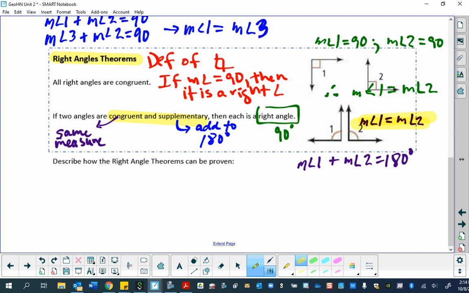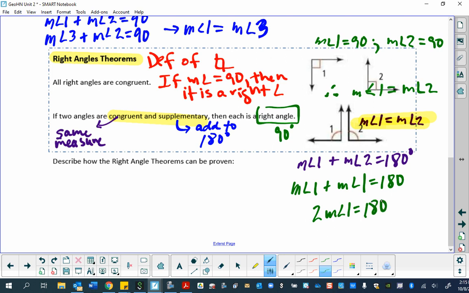Because I know that angle 1 is congruent to angle 2, I know that their measures are equal. That's the definition of congruence. Once I know the measures are equal, is everybody okay if I just come down and substitute?